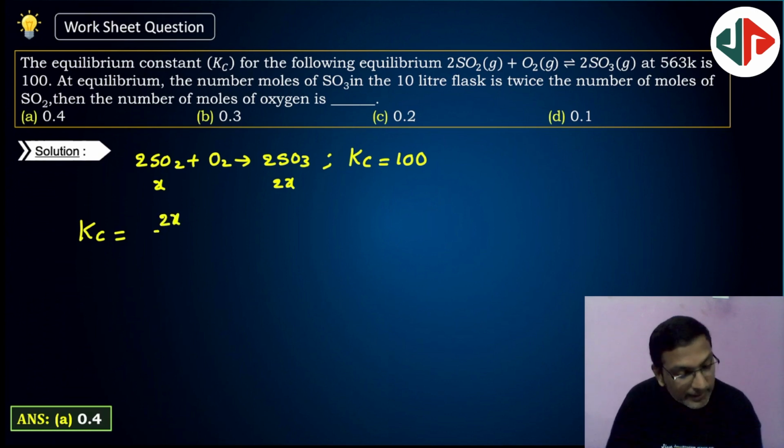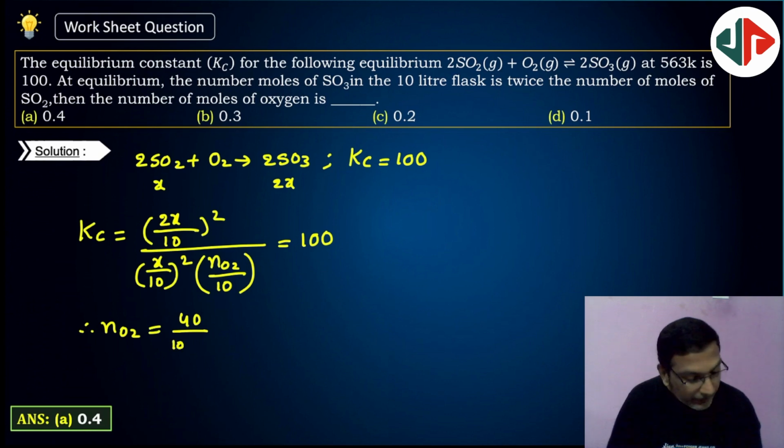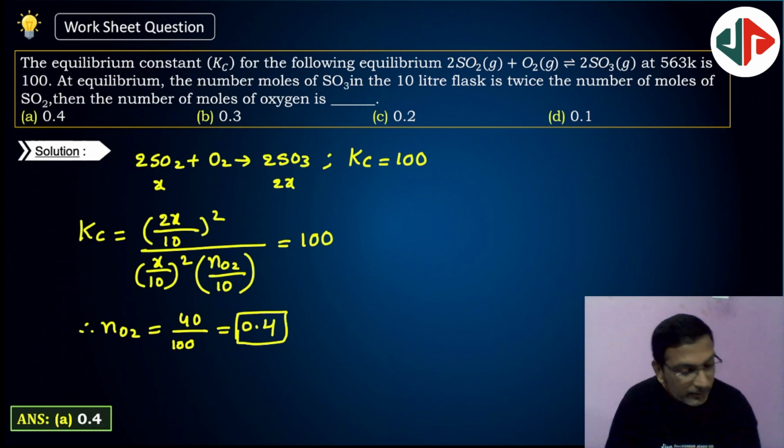Kc equals (2x by 10) squared by (x by 10) squared into number of moles of O2 by 10, which equals 100. From this, number of moles of O2 is 40 by 100, that is 0.4. So 0.4 moles of O2 are present in the equilibrium mixture.